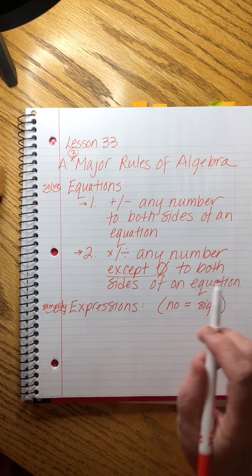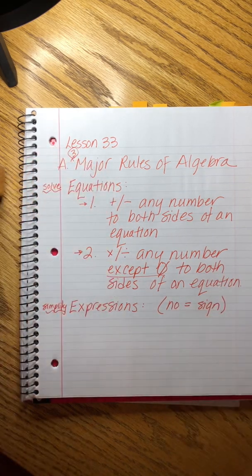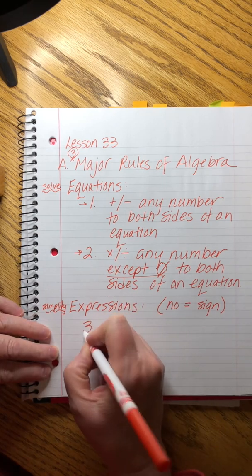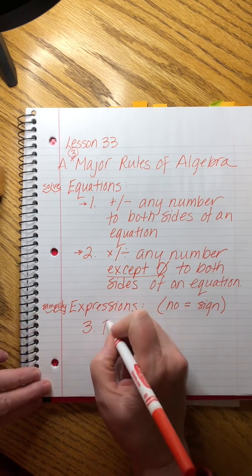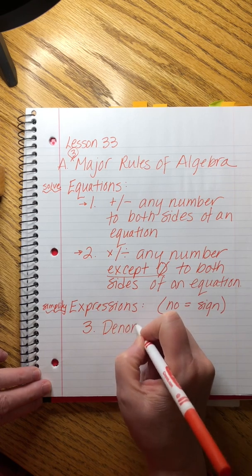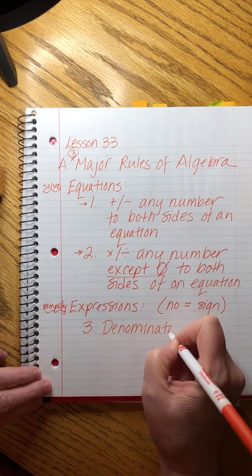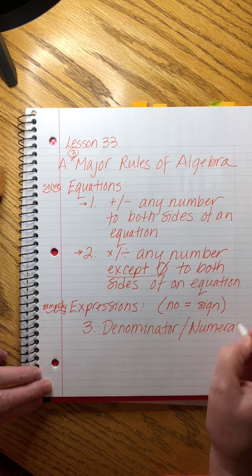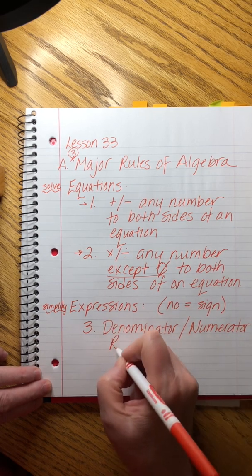All right, with expressions, we can't do this because there aren't 2 sides to keep in balance. So we have to use a different strategy for changing it, and this is fancily called the Denominator Numerator rule.